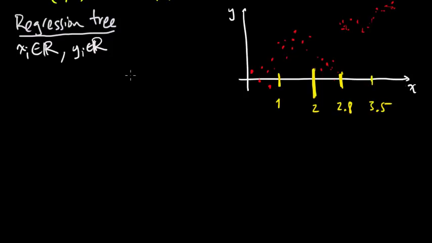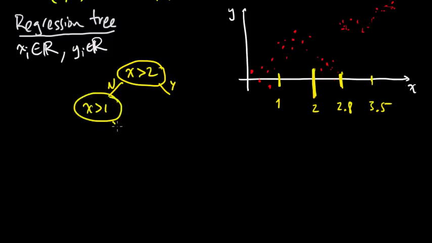Just like before, we have: is x greater than 2? That was our first split, and we have either yes or no. If it's no, then we have a split here: is x greater than 1? Yes or no. Let's take the case when it's less than 1.